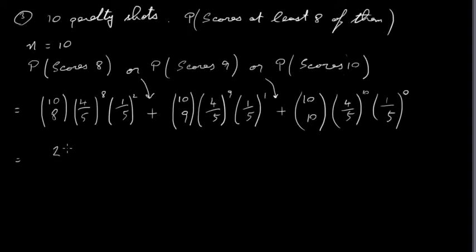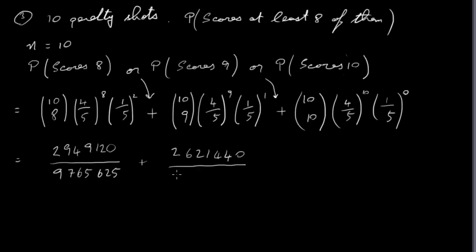So you're going to get 2,949,120 on top, and 9,765,625 on the bottom. When you work this one out, you get 2,621,440 on top, and 9,765,625 again on the bottom, same as over here.